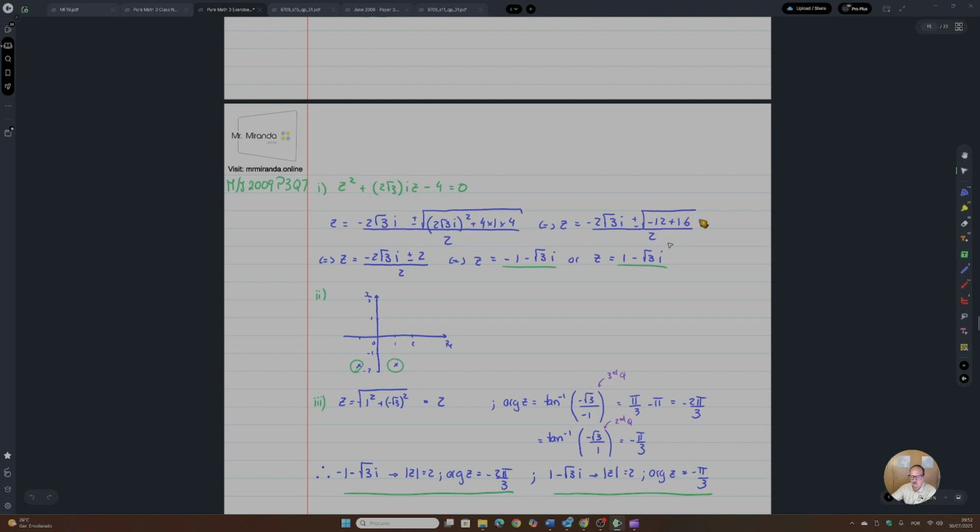So this is the square root of 4, which is 2, and then you just take care of this. You have the minus 2 over 2, which is minus 1, minus square root of 3 i, and you also have the plus 2 over 2, which is just 1, minus square root of 3 i. So here you have the two answers.